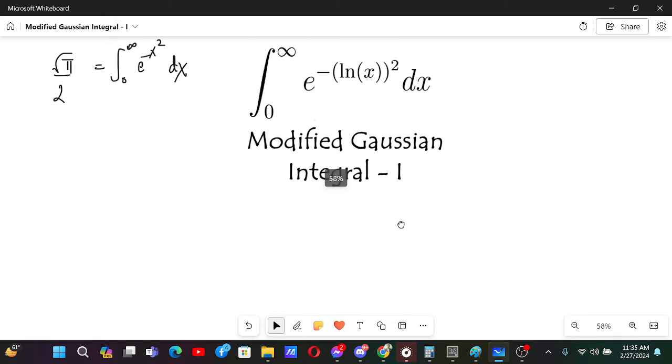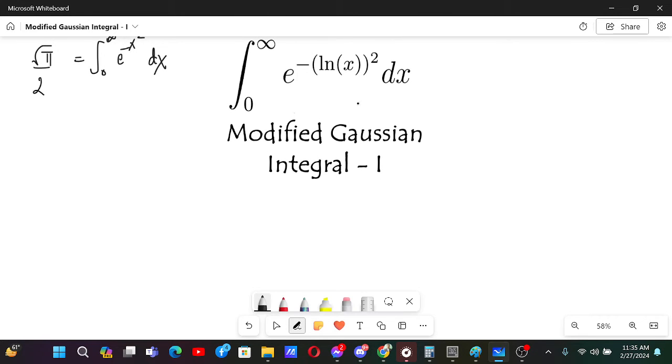For this one, you can make a u substitution, that u equals ln x. If you do that, we will have e to the power u equals x, and that implies e to the power u du equals dx.